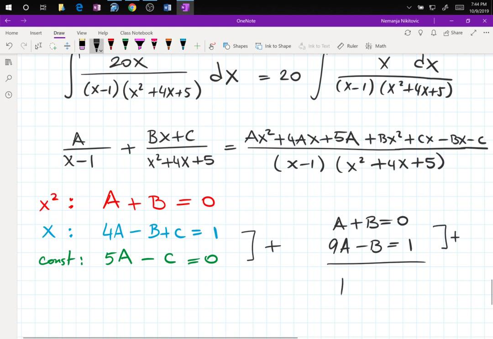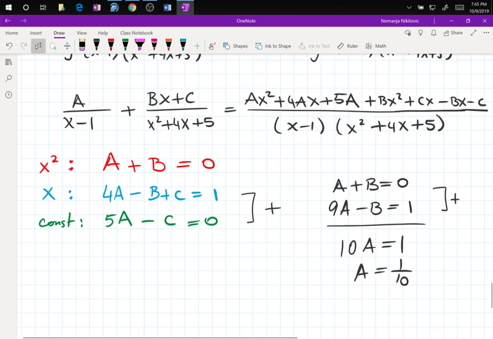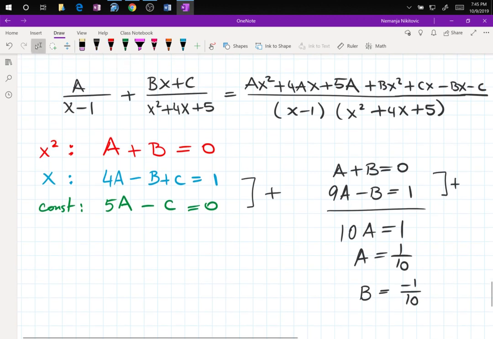Get 10A equals 1, so A equals 1 over 10. B is negative 1 over 10 because they need to add to 0. And C, so 5 times 1 over 10 is equal to C.